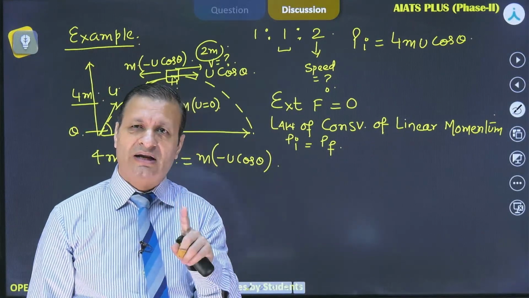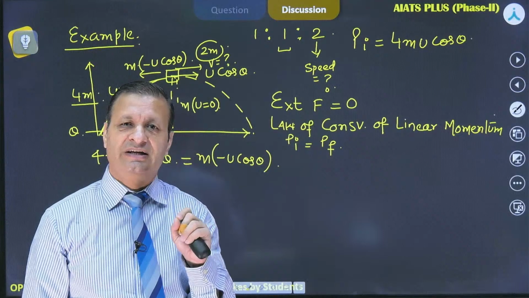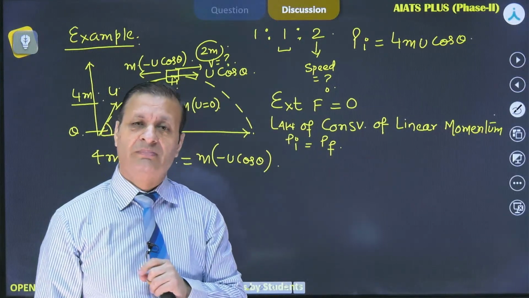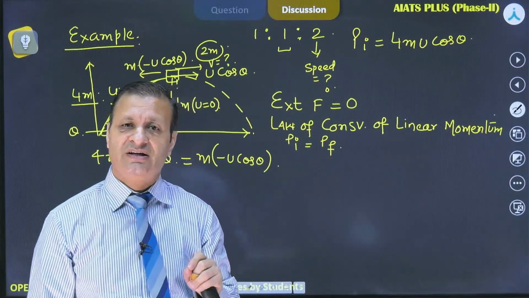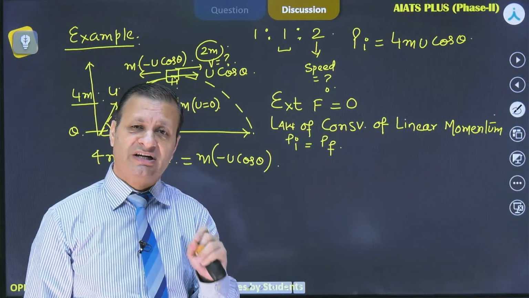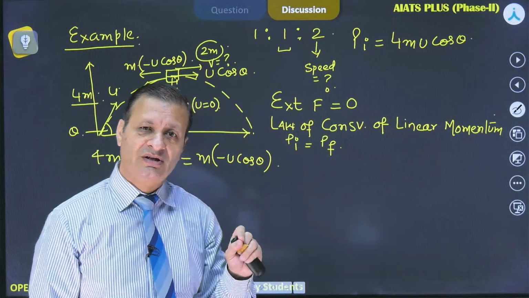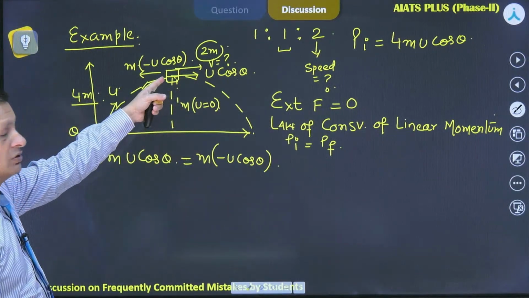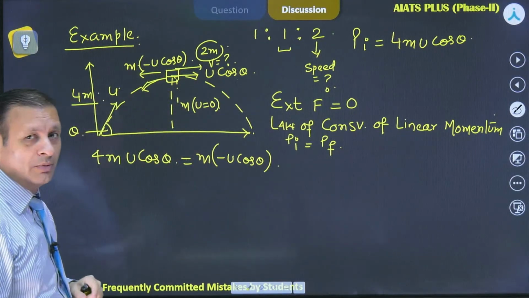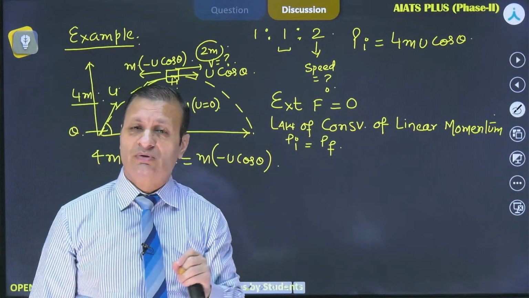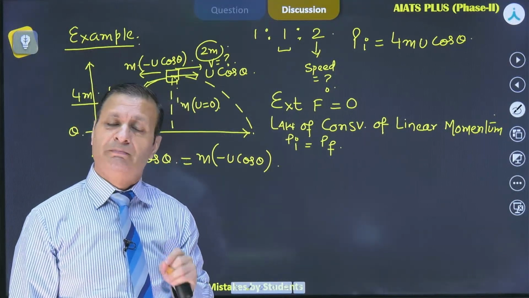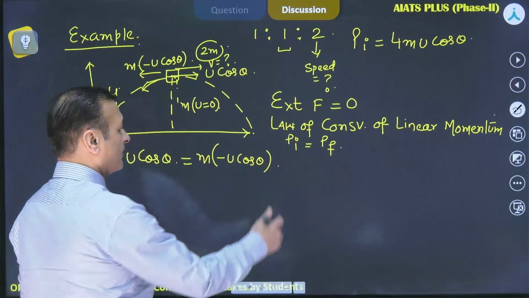I would like to highlight again why we have taken it as minus u cos theta, because the question stated that it retraces its path. When you say it retraces its path, it's possible only when it moves with the opposite sign and with the same speed, that is minus u cos theta.